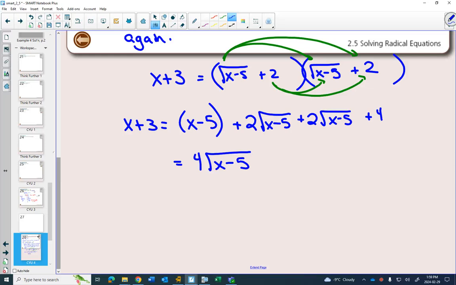If I move that minus 1 to the left-hand side, I'd have to add 1 to both sides, and I would get 4. I could technically square here already, because I have a single term. In some ways, my square root is mostly isolated, but I could also divide both sides by 4 to really isolate it.